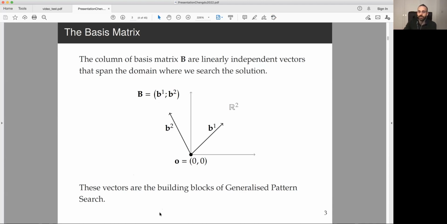So, for example, if we look into a two-dimensional space, which is a subset of R2, we have two directions, B1 and B2, which are the columns of B. All I'm saying is that this generalized pattern search algorithm moves along the directions identified by B1 and B2. And these vectors are the building blocks of the generalized pattern search.